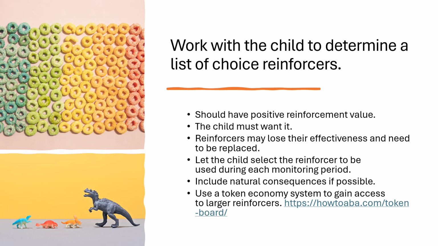The child must want it. The reinforcers may lose their effectiveness and need to be replaced. Let the child select the reinforcer to be used during each monitoring period. Include natural consequences if possible. Use a token economy system to gain access to larger reinforcers.